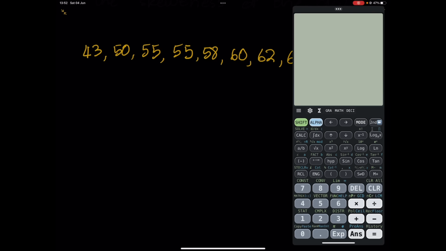For the mean, what I'm simply going to do is say my mean is going to be the sum of my individual data divided by the number of data sets that I have. So in this case, I'm going to say 43 plus 50 plus 55 plus another 55 plus 58 plus 62.